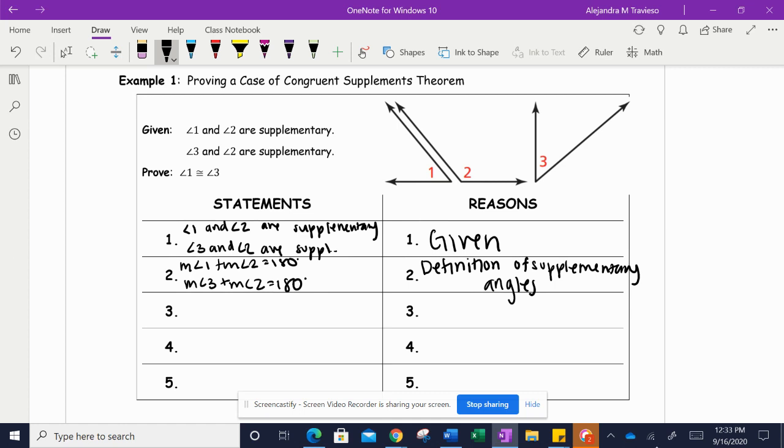Since these are both 180, we can say the measure of angle 1 plus the measure of angle 2 is equal to the measure of angle 3 plus the measure of angle 2. This is transitive property of equality.